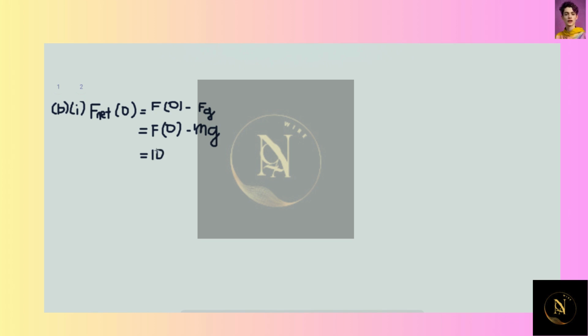So just to give you some numbers, remember from part A, we calculated that, or it was given to us rather, that the force at time equal to 0 is 100 newtons, and then our mass is 8.00 kilograms. And lastly, we have a gravitational acceleration to 3 significant figures of 9.81 meters per square second.